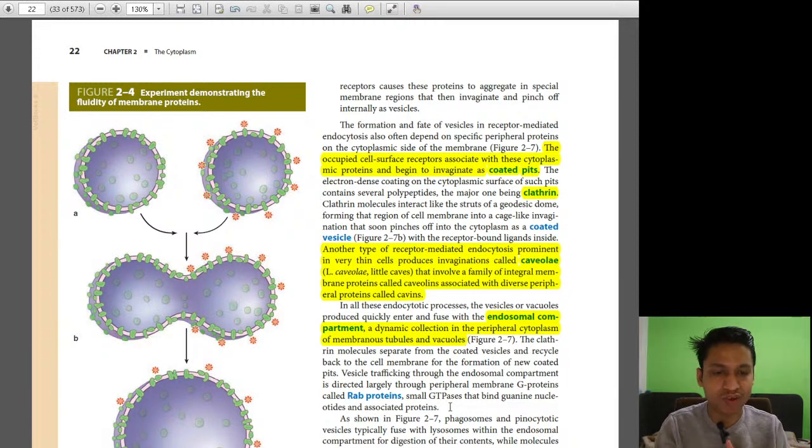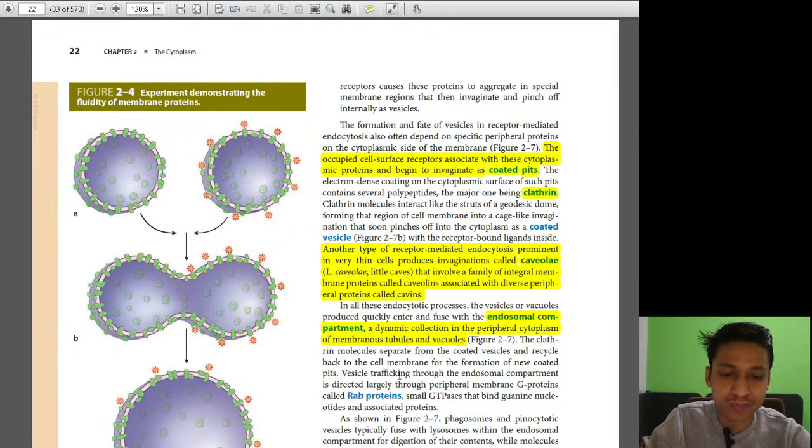Important things, guys. So when they deploy this material to this dynamic collection called the endosomal compartment, the clathrin protein travels back to the plasma membrane, creating the coat that will again be needed to create the coated vesicles.